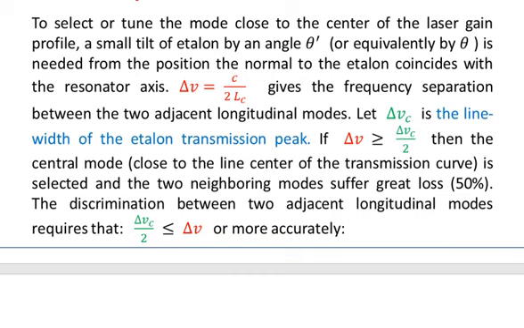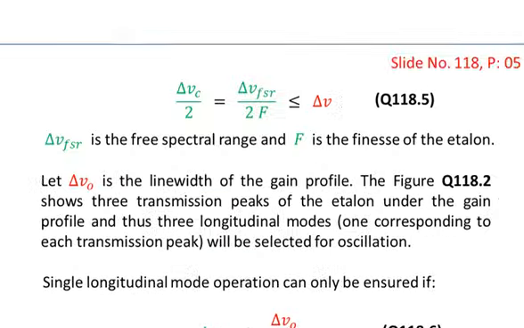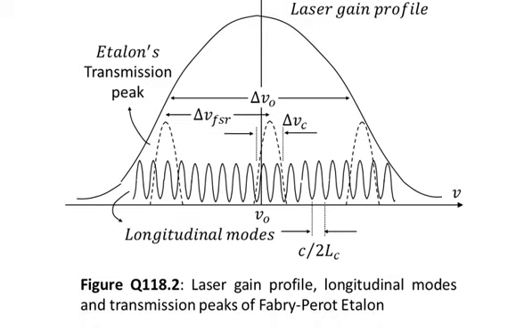So let me explain this one. The delta nu we require, that is the separation between two consecutive modes, should be greater than half the width of delta nu c. For example, over here, suppose that nu naught is aligned with the center of the peak corresponding to delta nu c, that is the transmission peak.